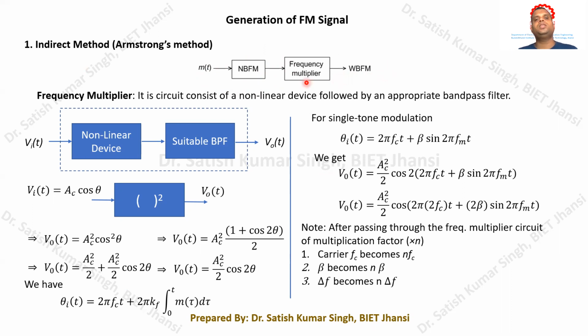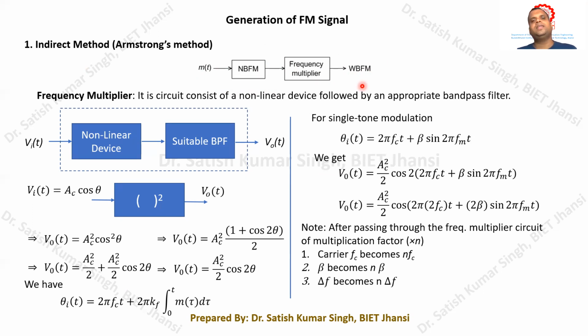We already discussed that a narrowband FM signal has a modulation index beta less than unity, that is, 1 radian, while the WBFM signal has a modulation index much greater than 1 radian. There are more properties of the typical WBFM signal that we use commercially, and I will be telling you those properties.